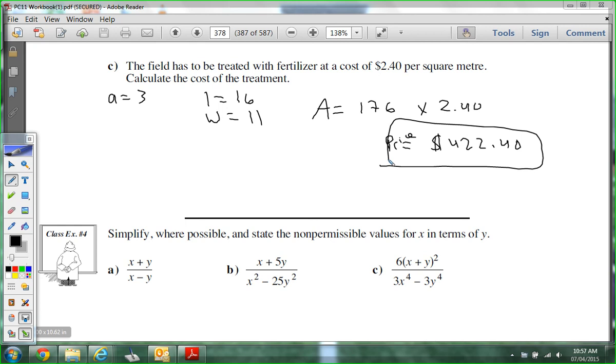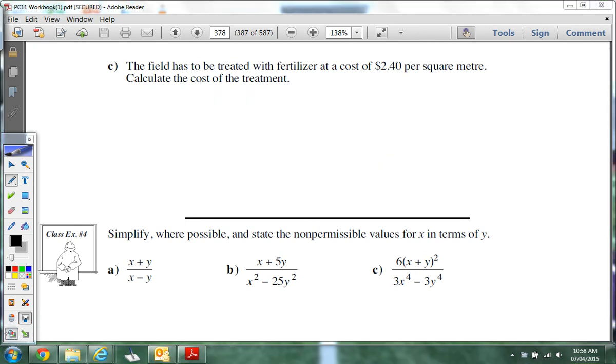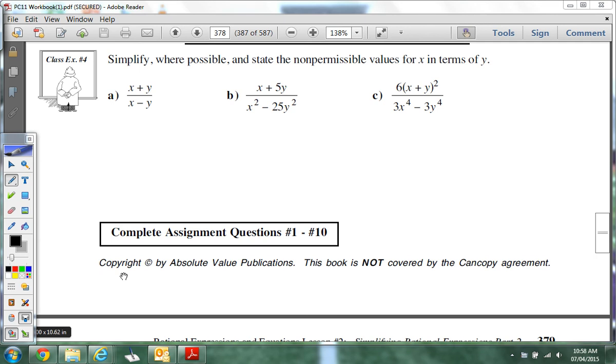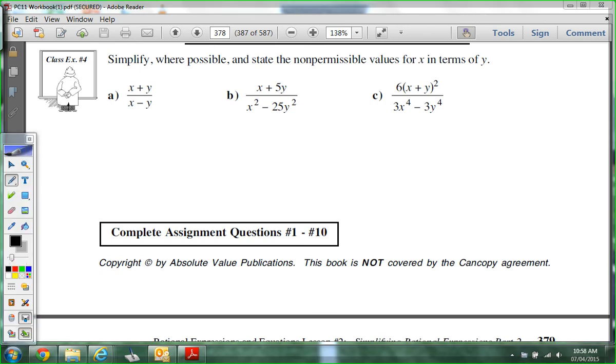Okay, all right, last little piece here. We're going to do the non-permissibles, which I know is weird, in terms of x. So what can x not be? X can't be y, or else it makes the bottom 0, so they can't equal each other. Second thing is, can I do any other cancellations here?